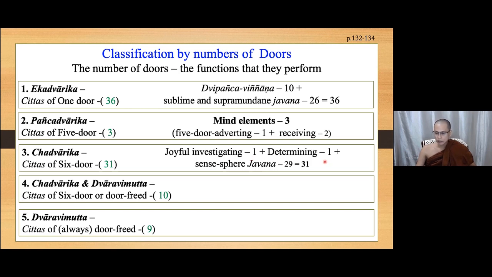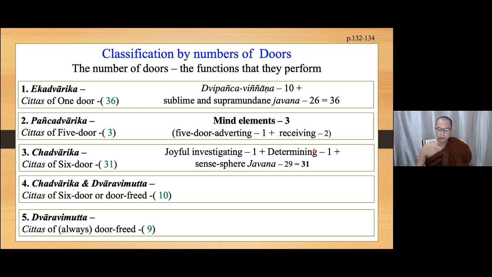And determinant, that is when it performs the function of avajjana, advertence. So it is mind door advertence. The usage here, determinant, is actually better replaced by mind door advertence, so that we can easily count it.